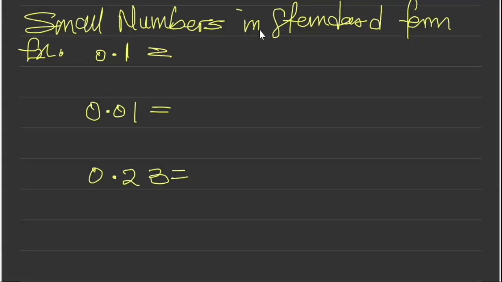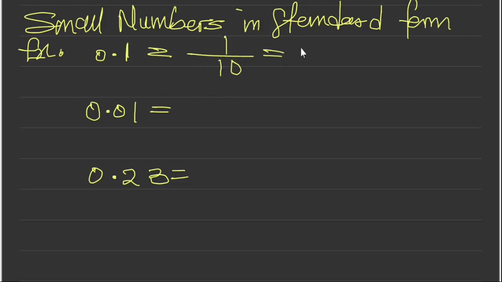That talks about the large number in standard form. So now we want to talk about small number in standard form. So when you have 0.1, it means 1 over 10.